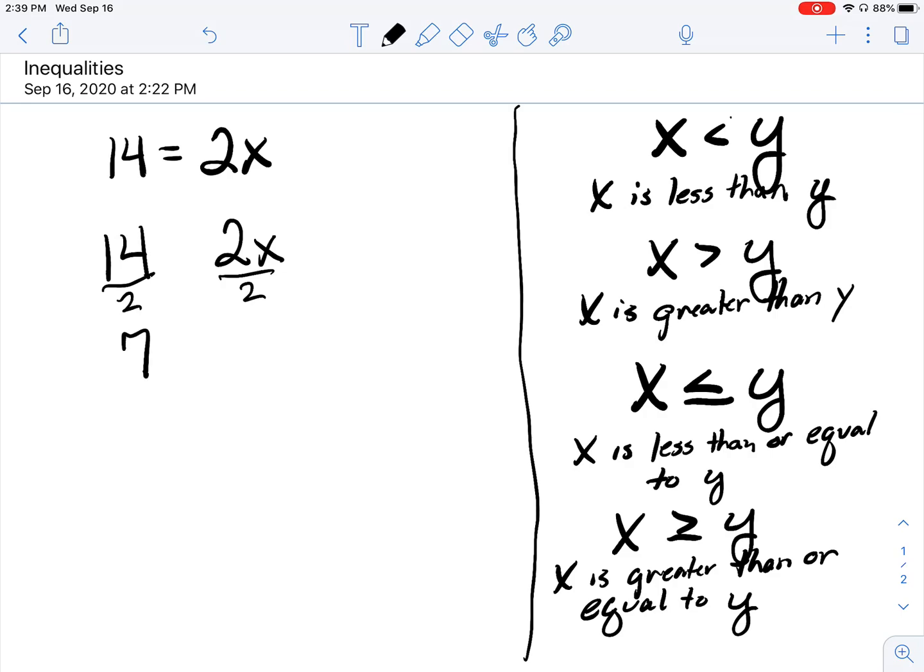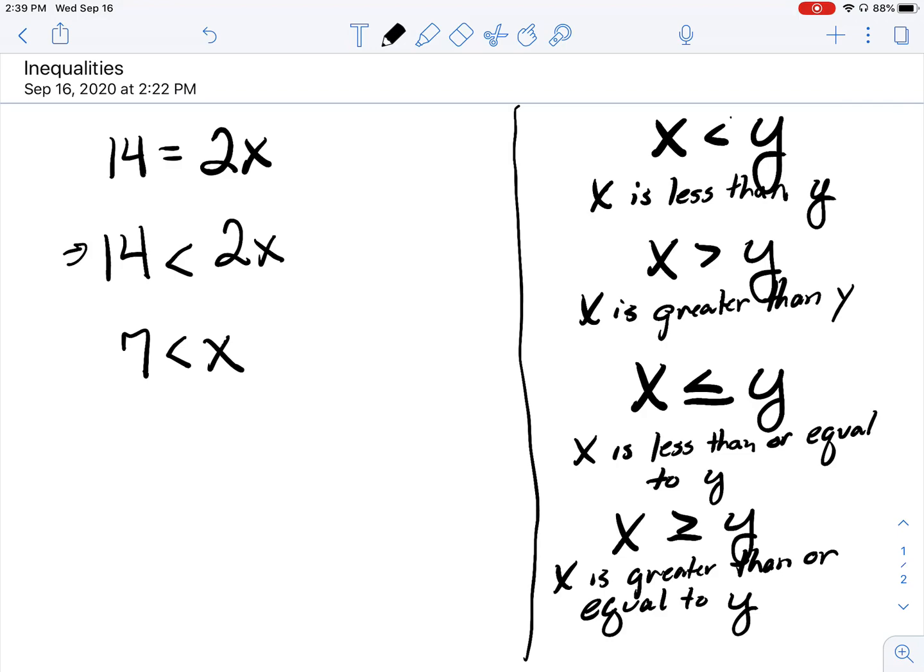I would get 7 and x, and I put my sign back in. So 7 is less than x, or x is greater than 7, which means that for any value of x greater than 7, this inequality should be true, that 14 is less than 2x.